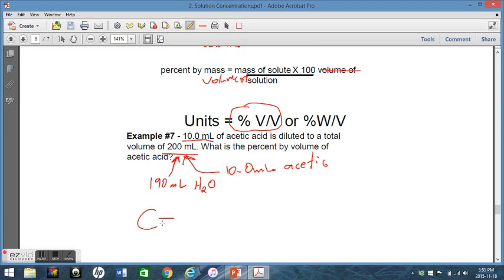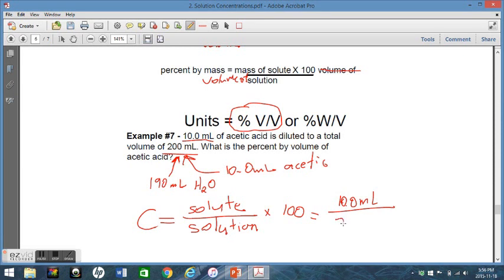So in this case here, concentration is equal to solute volume divided by, not by solvent, by solution, as our formula up above says, times 100. And that's going to be equal to 10.0 milliliters of acetic acid divided by 200 milliliters of solution times 100.